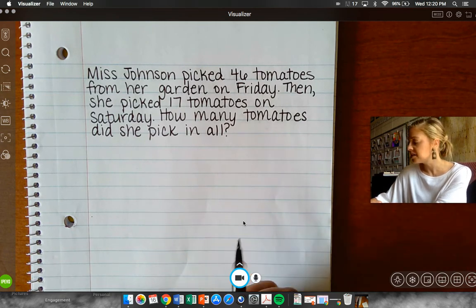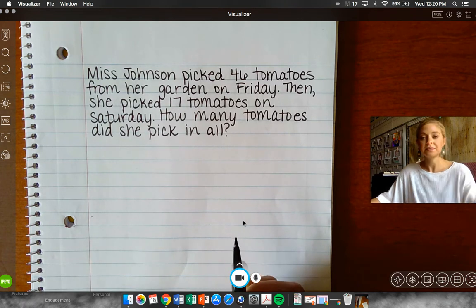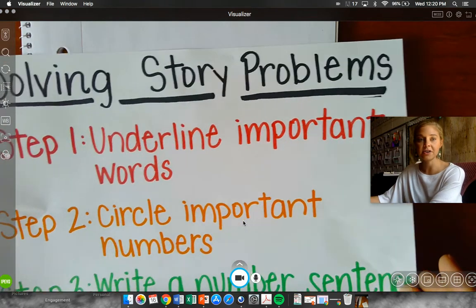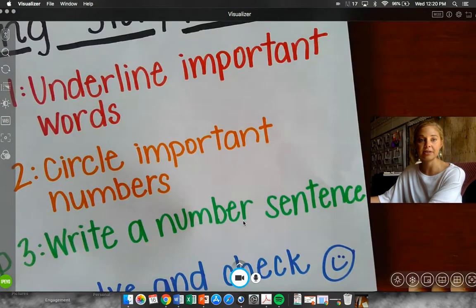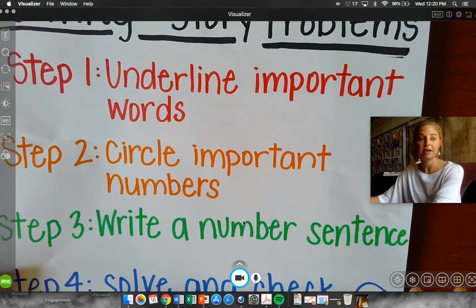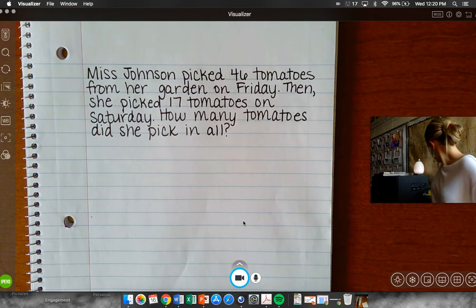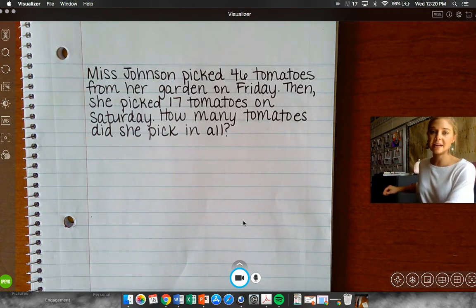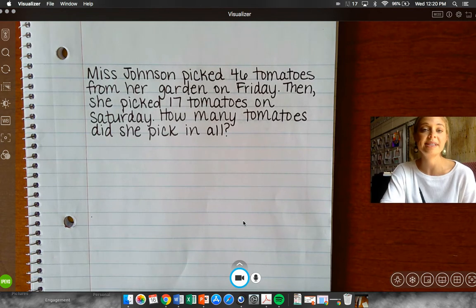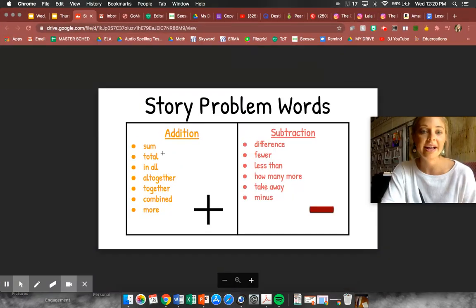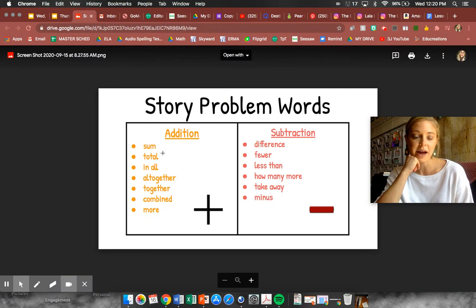All right. So remember this chart says our first step is to underline important words. That's step number 1. The important words are going to be words like our story problem words that we just saw on this poster.